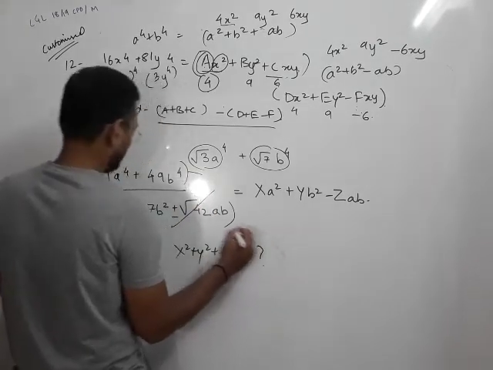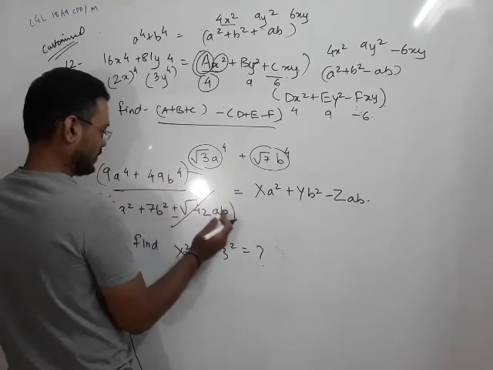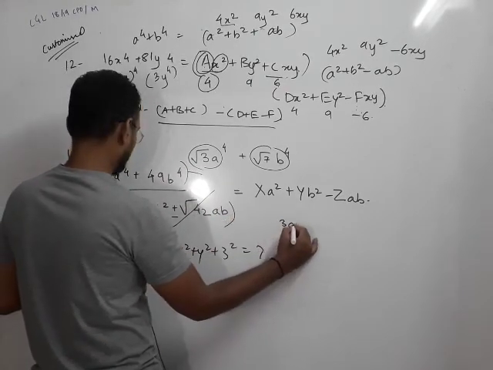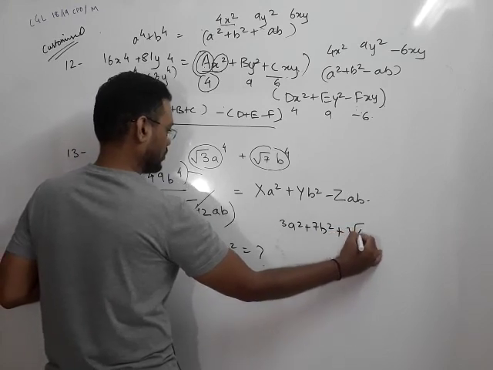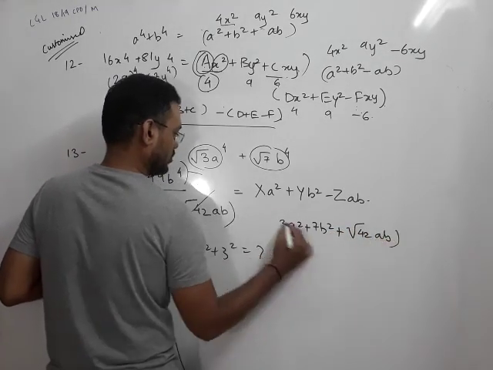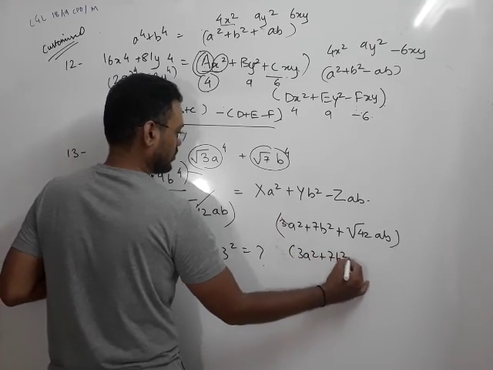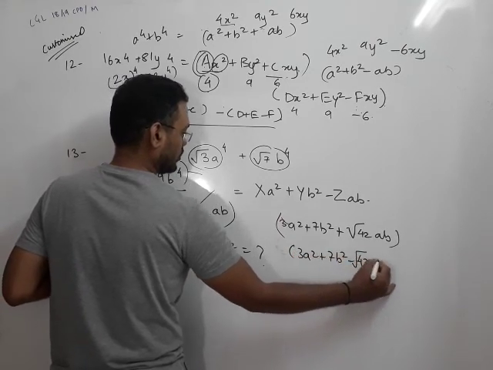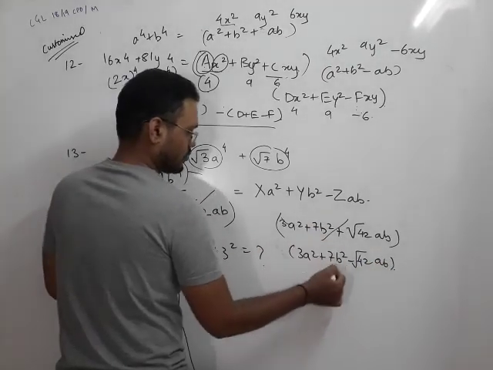I will write it here in case you have not understood. Its factor is going to be exactly like this, which is 3a square plus 7b square plus root 42 ab into 3a square plus 7b square minus root 42 ab. This will be cancelled with this, only this will be remaining.